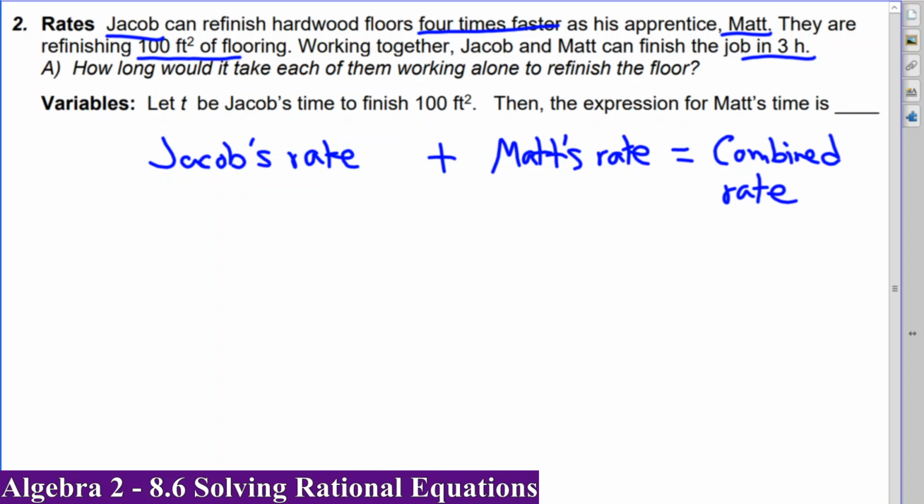Okay? So let's stop and think about this for a minute. We're going to let T equal Jacob's time to finish 100 square feet. If T represents the amount of time Jacob is going to be able to get this done, then we know that we can express Matt's time in terms of T. It's going to take him 4 times longer. So we're going to write it as 4T.